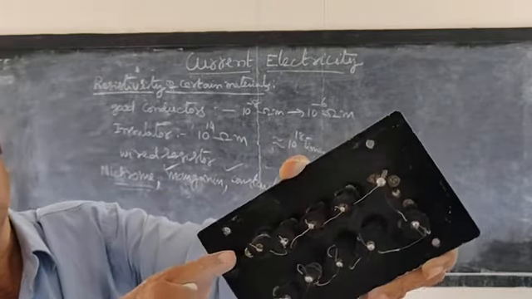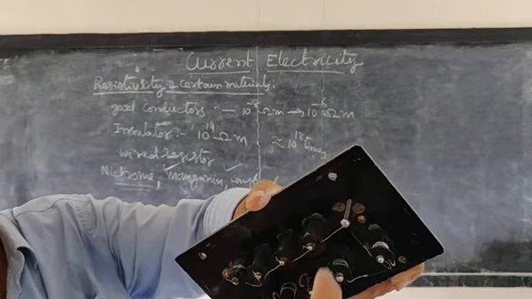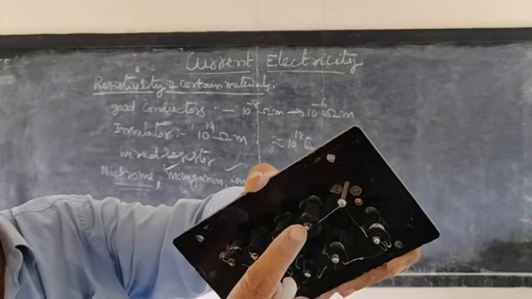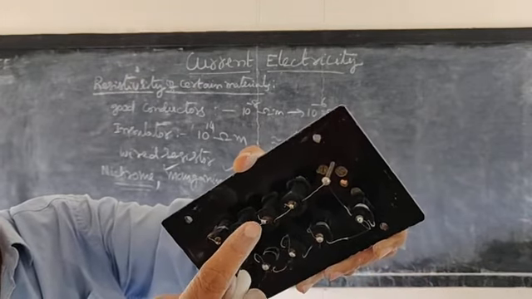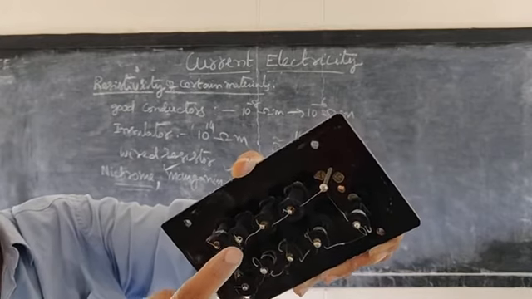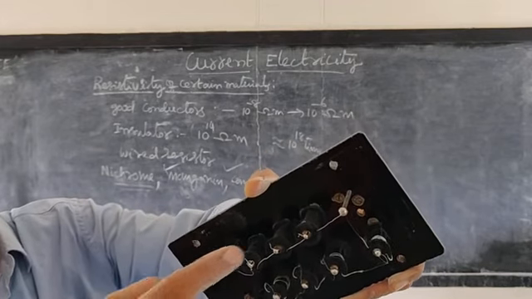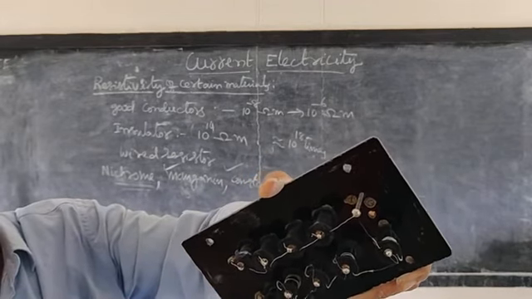This bobbin has several windings. It has 50 ohms resistance, this one is 20, this is 50, and this pair has 100 ohm resistance because two 50s are joined in series.